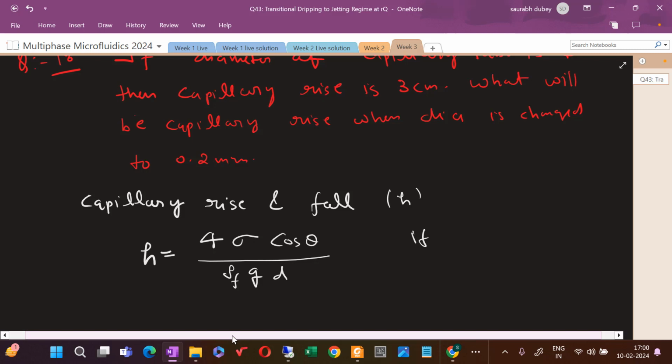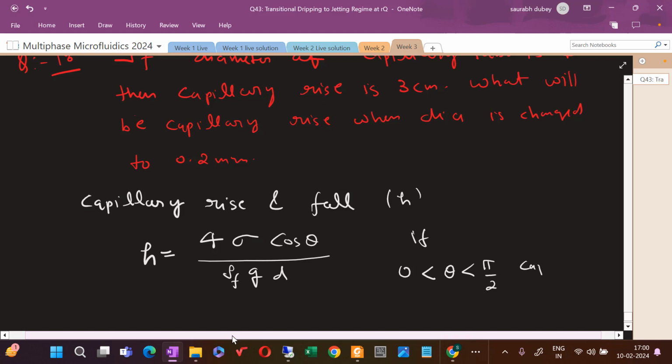If 0 is less than theta is less than pi by 2, there will be capillary rise.